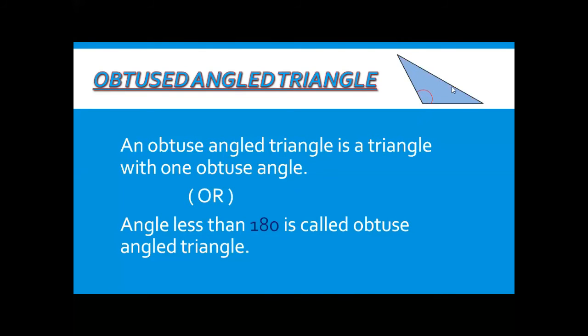Angle less than 90 is acute and the angle greater than 90 is represented like this. The direction of obtuse angle is the left side from 90 degree. Acute, right side of 90 degree and obtuse, left side of 90 degree. So this is known as obtuse angle triangle.